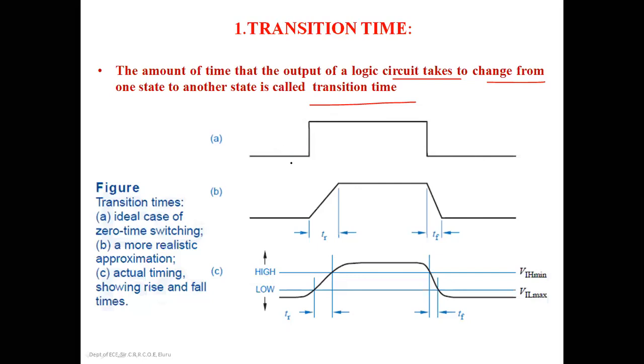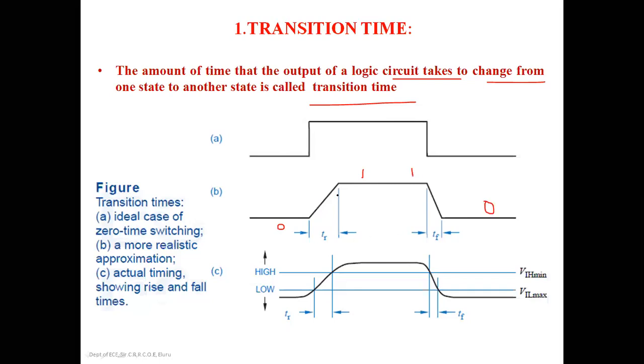Figure B is not as idealized as figure A. In figure B, the output takes a certain time to change from 0 to 1, and a possibly different time to change from 1 to 0.